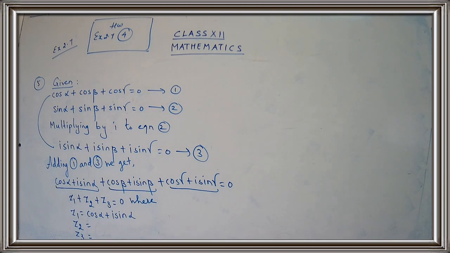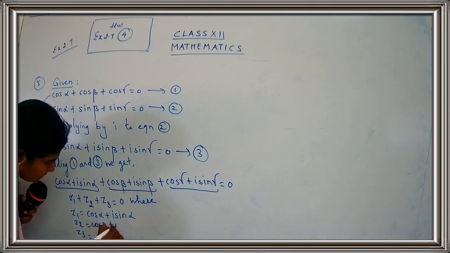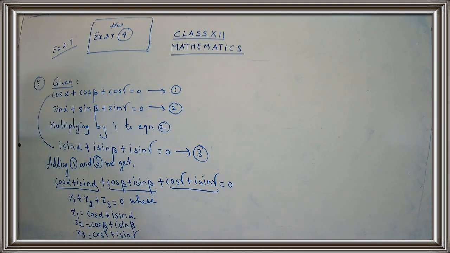So what is Z2? Cos beta plus i sin beta. And what is Z3? Cos gamma plus i sin gamma. Just mention all the 3 complex numbers.